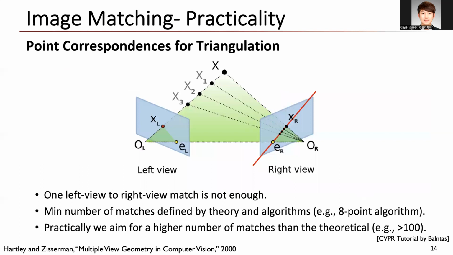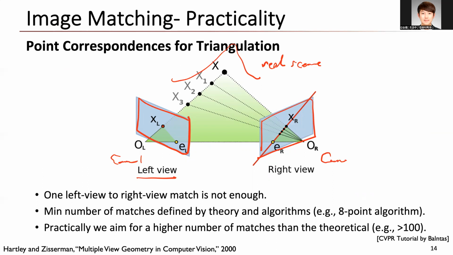Why? If we look in detail, let's say this is a real scene, and let's suppose that we have 2 cameras taking a left view and a right view. Camera 1, camera 2. Then let's suppose that here is one point in the left view, and here are 4 points on the right view.